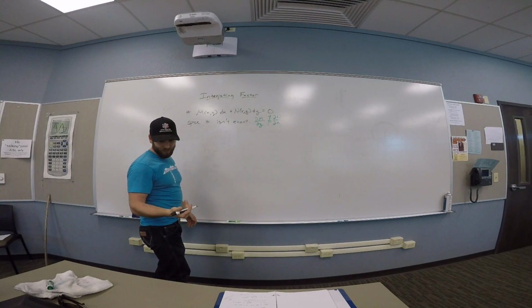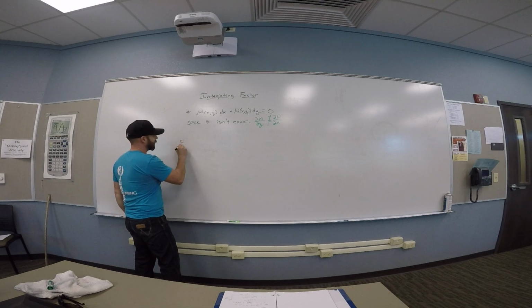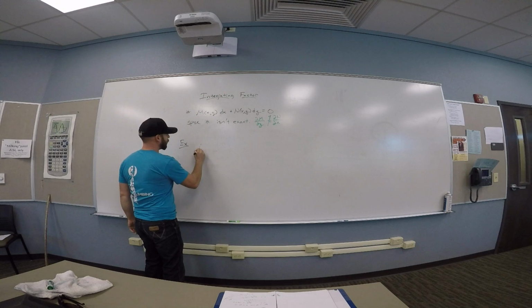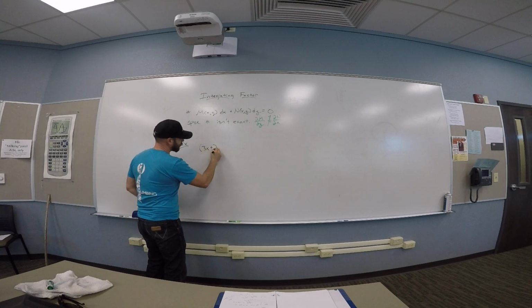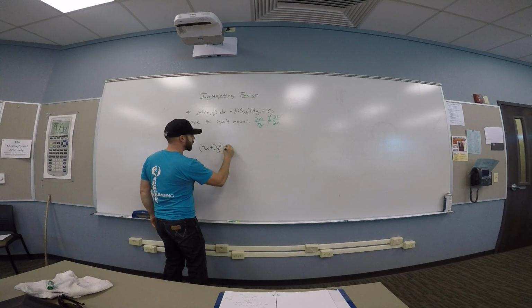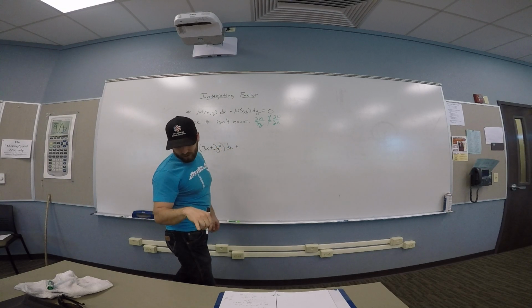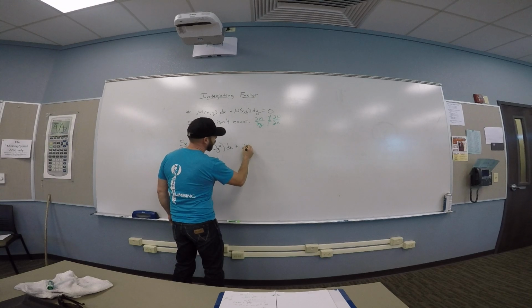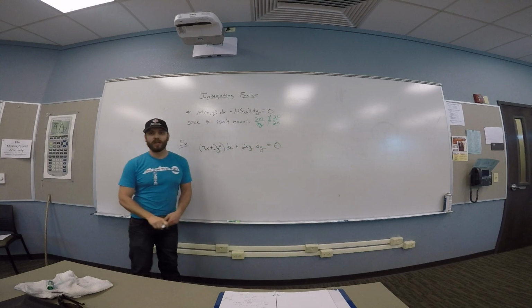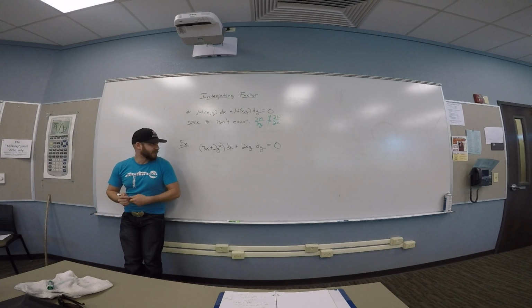So you're like, alright, let me supply an example. So, here's an example of what I mean. Say we had the equation (3x plus 2y squared) dx plus 2xy dy is 0. So let me check first that this isn't exact.